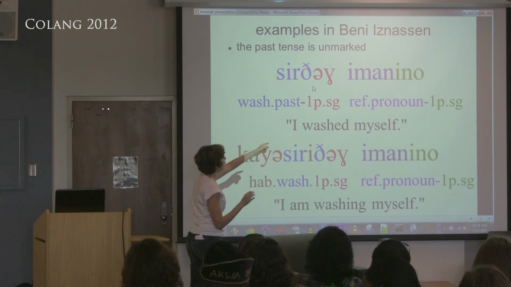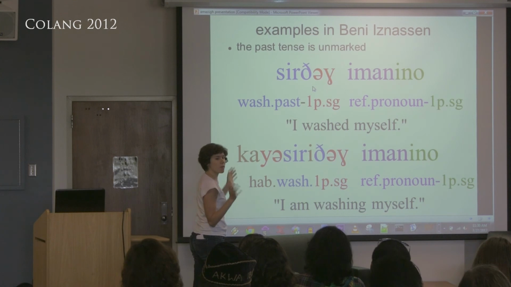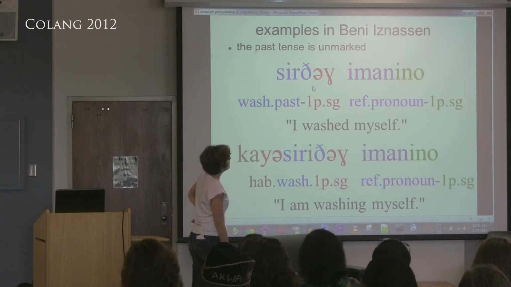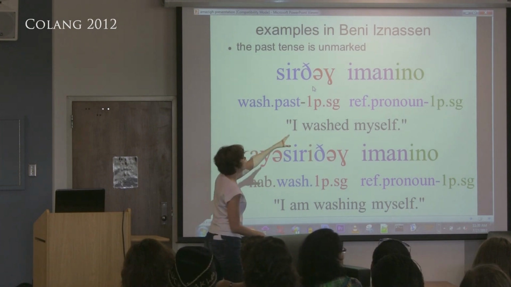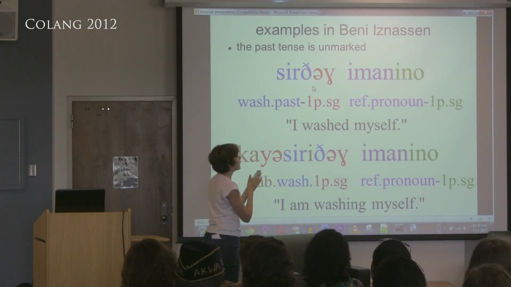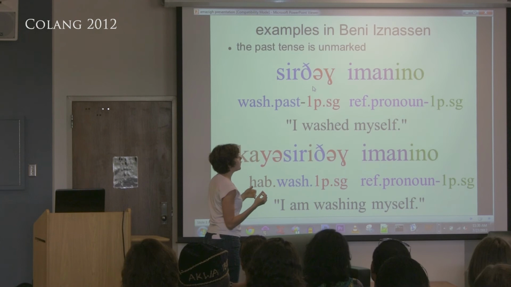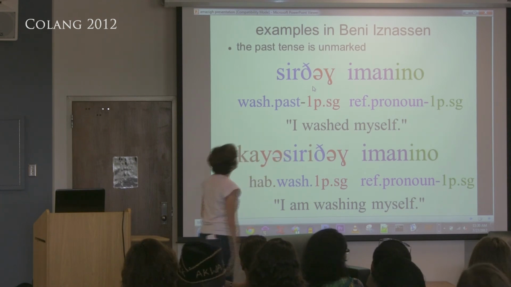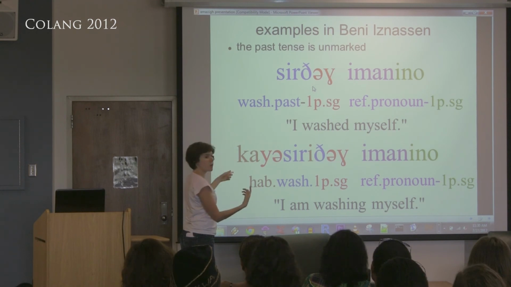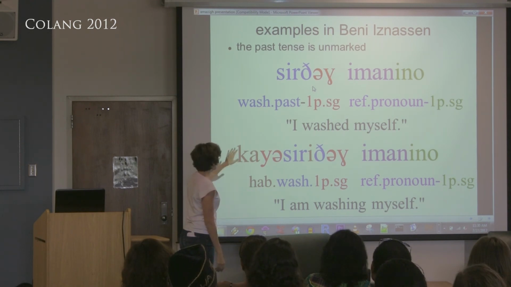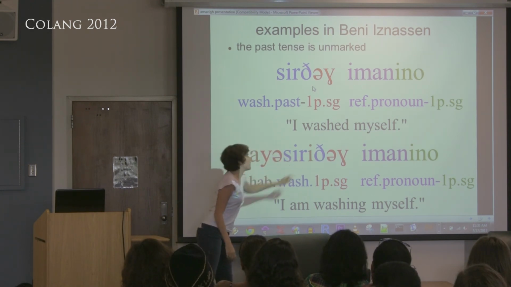It's always first person singular, so we often see this particular morpheme come up all the time. Imanino just means myself. Iman seems to be the base form of the reflexive pronoun, and then ino is first person singular. So then it stays almost constant, except when you put it into habitual instead of past, you get this prefix and a little infix there.